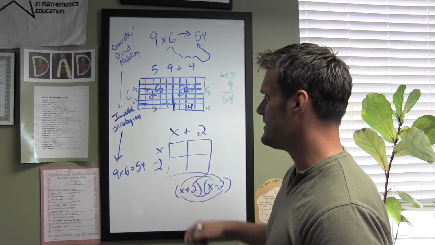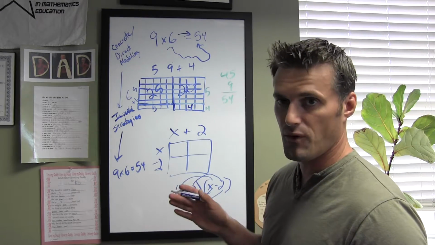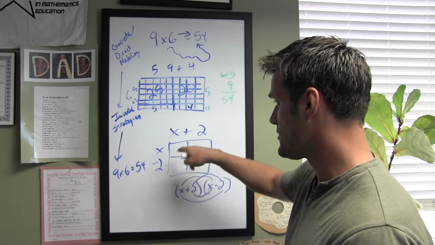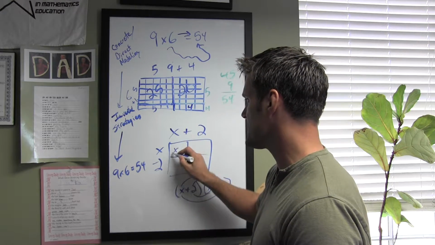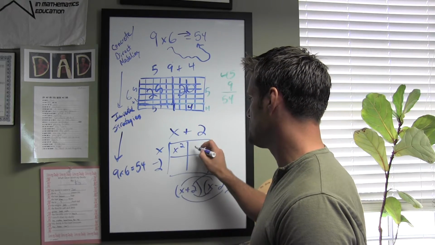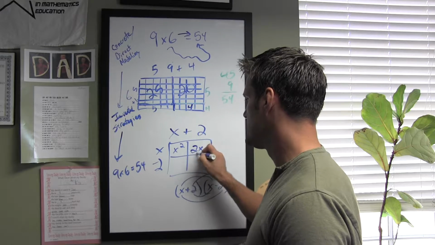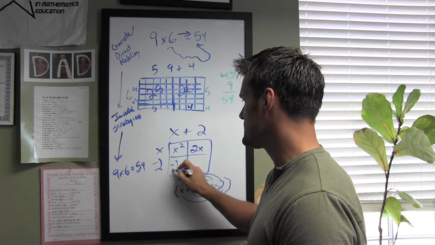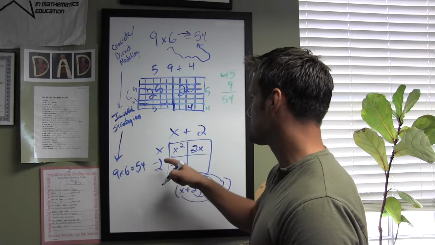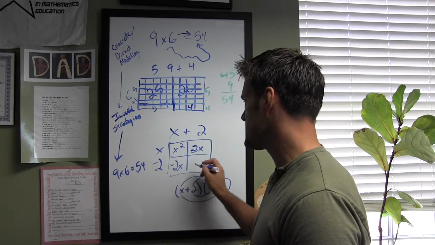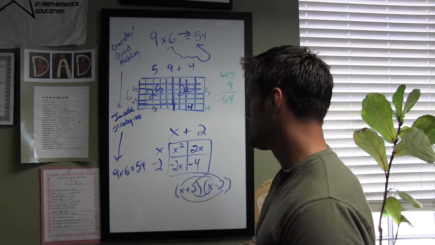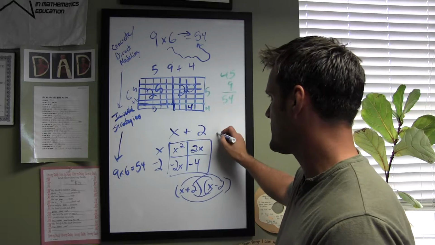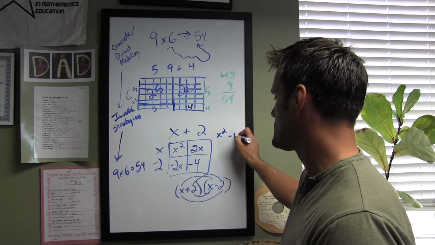So where they meet, I don't have to remember what F, O, I, and L stand for, just where the rows and the columns meet, I multiply. x times x is x squared, x times positive 2 is 2x, x times a negative 2 is negative 2x, right? Positive 2 times a negative 2 would give me negative 4. And I see that those cancel out, so I get x squared minus 4.